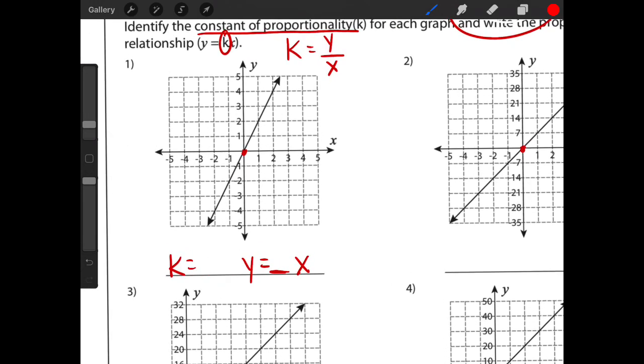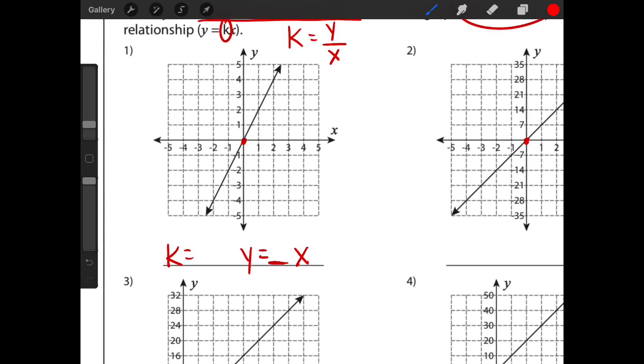So if you take a look at number 1, the easiest way for me to do this is to look at wherever my line hits a perfect cross section. So I don't want to estimate anything. Right now, if I were to use this right here, this is where my graph is equal to 1. If I'm trying to find my k, I'm trying to get it so that there's a 1 on the bottom.